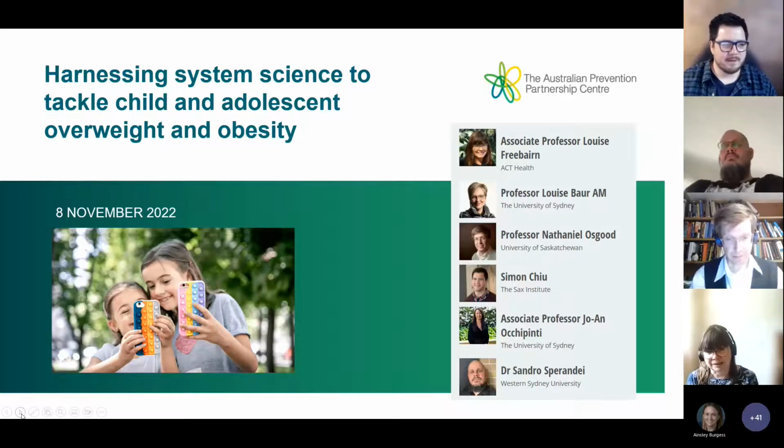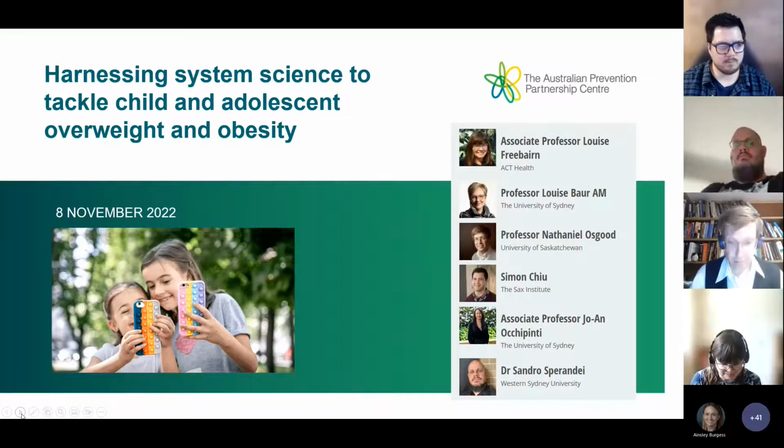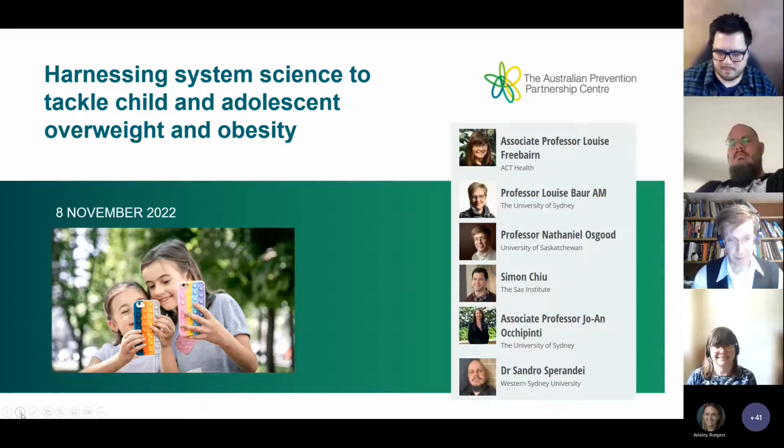Then in this component of work, it was expanding that model to better represent childhood weight dynamics. Nate is a professor at the Centre for Computational Epidemiology and Public Health at the University of Saskatchewan, and he's going to be presenting the findings from this advanced multi-scale model of diabetes in pregnancy. So I'll hand over to you, Nate.